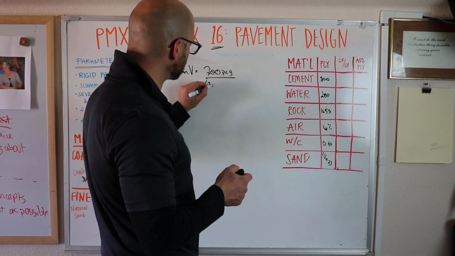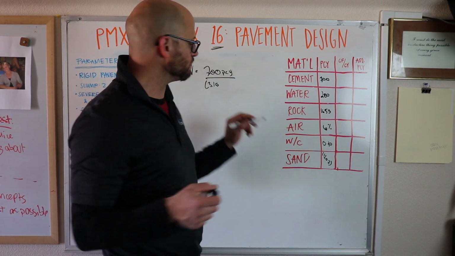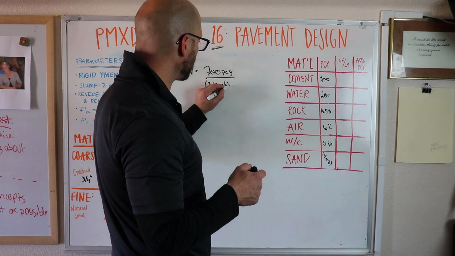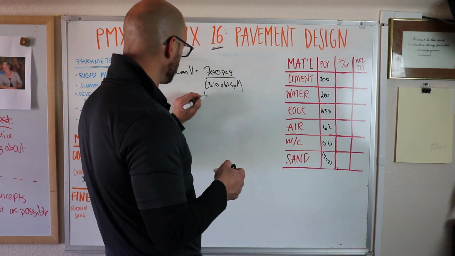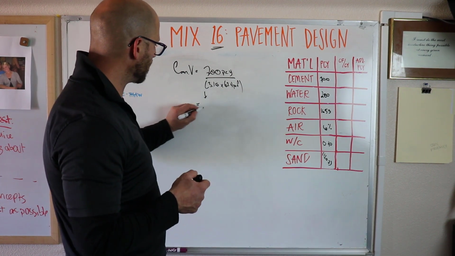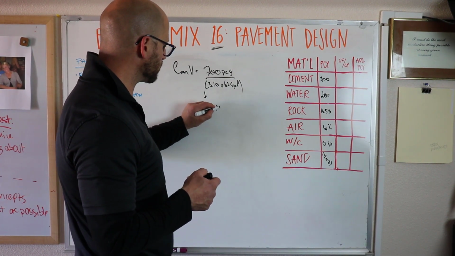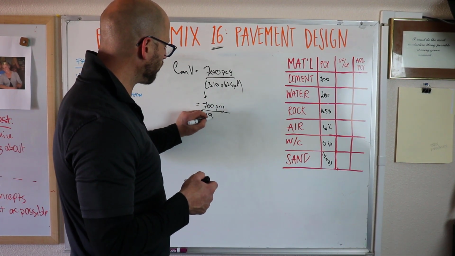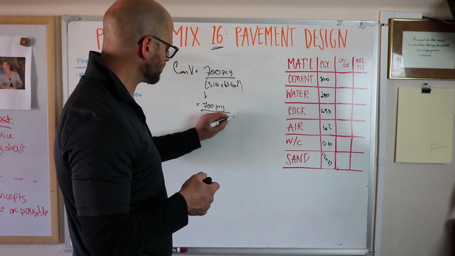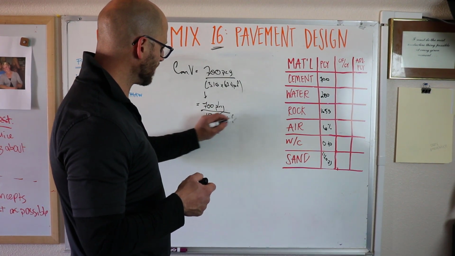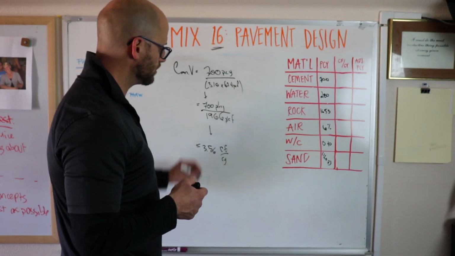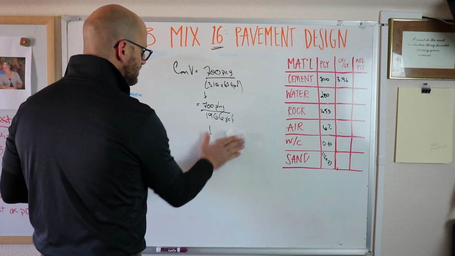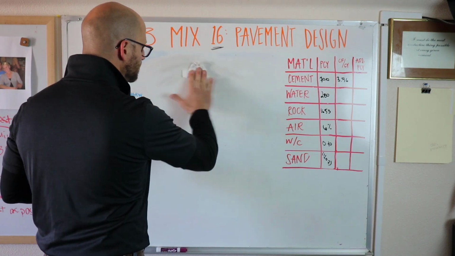Now it happens to be that the specific gravity of cement is 3.15. We multiply that by the unit weight of water, which is 62.4 pounds per cubic foot. So that equals 700 pounds per cubic yard divided by 196.6 pounds per cubic foot. Our pounds cancel out. We're left with 3.56.